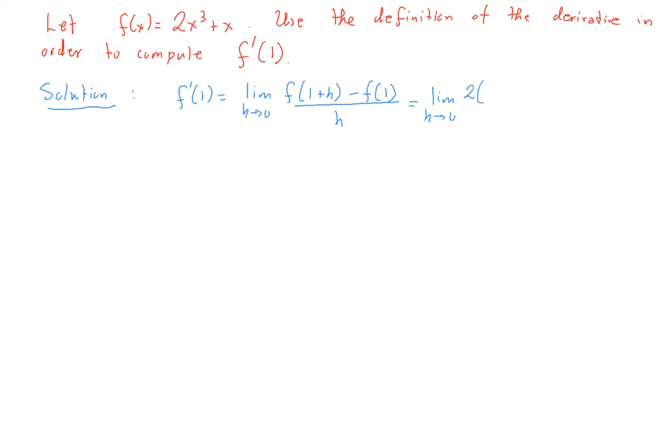So what does that give us? 2 times 1 plus h cubed plus 1 plus h. And what is f of 1? If we plug in 1, we get 3, right? Over h. And now the interesting thing here is once you have this situation, you don't have to worry about any synthetic division or anything like that.